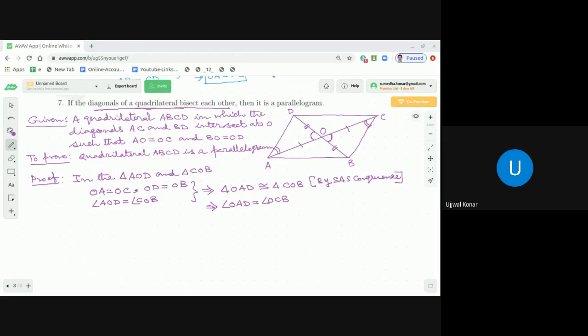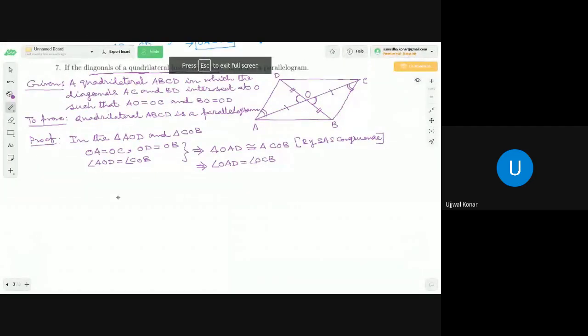As line AC intersects AD and BC at A and C respectively, such that angle OAD is equal to angle OCB, which form a pair of alternate interior angles, definitely we can say that AD is parallel to BC. Correct or not? So I'm going to write it down, dear students, so that you get the exact idea.